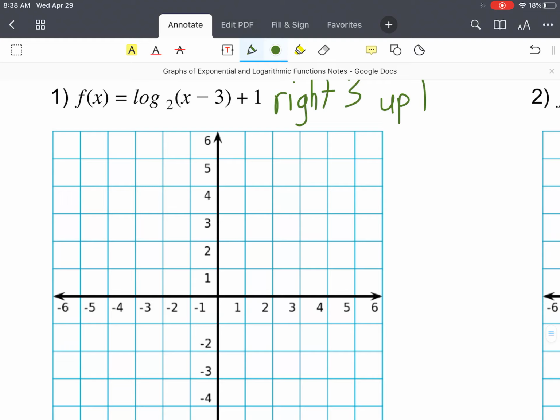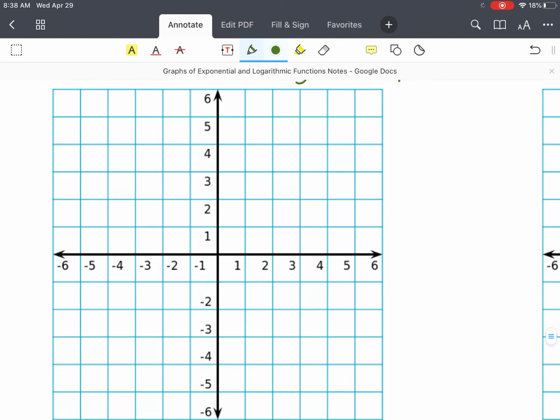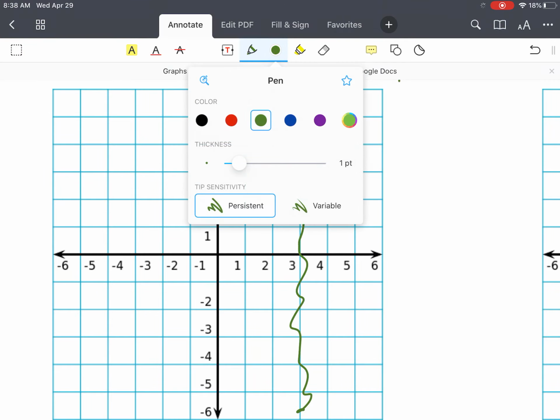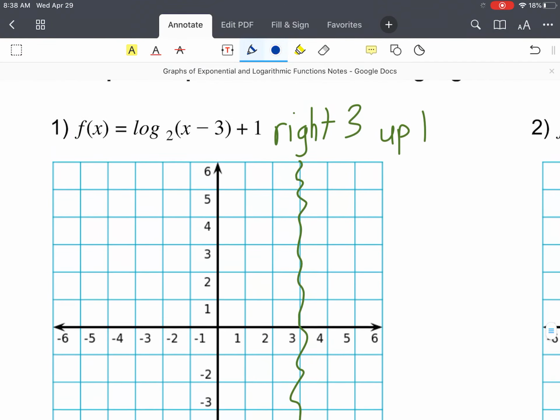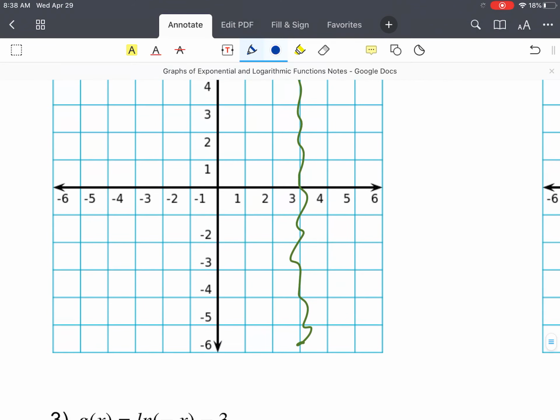So that vertical asymptote is not going to get affected by the up 1, but it will get affected by the right 3. So now here's our vertical asymptote. Now we're going right 3 and up 1.